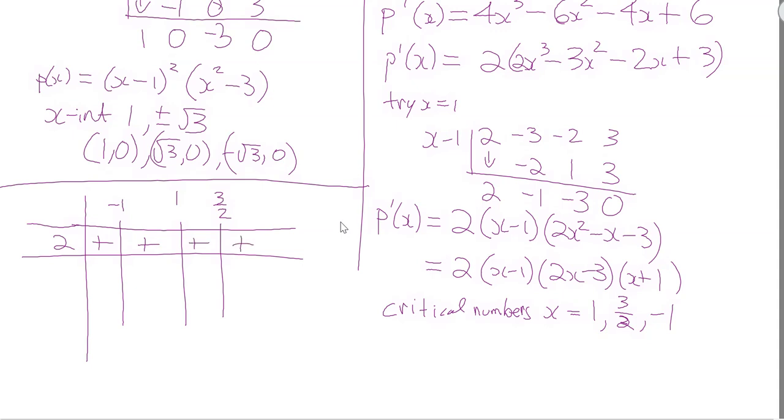So I'm putting the 2 in as a factor because I don't want to forget, right? If that was a negative 2, that would definitely make a difference. Because then this thing would be opening down. If there had been negative x to the fourth, whatever, that would be a negative, it would open down.